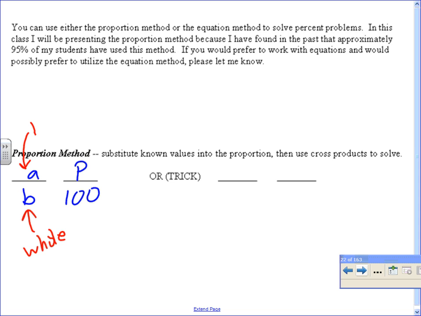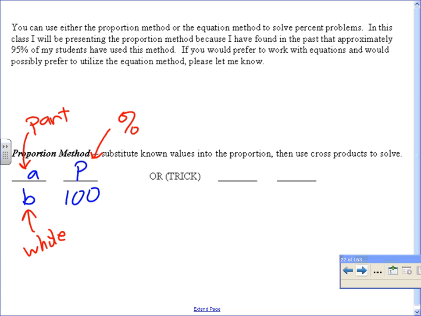You need to give me more specific than that. Okay. Mary, what's the P represent? Good job. Okay, what does the A represent? Charles? Yeah, thank you. We all know that, right? I'm just kidding with you. Doug? Okay, A is the part, okay? B is the whole, P is the percent over 100.